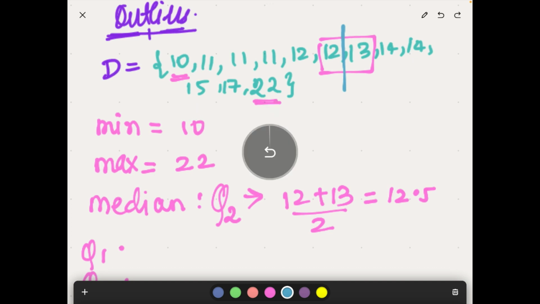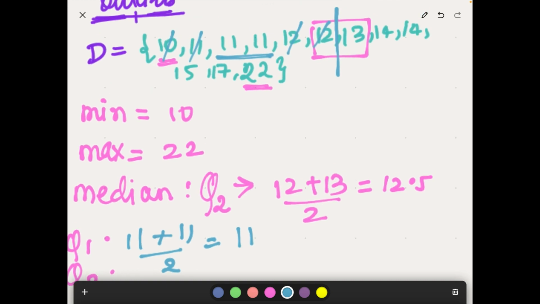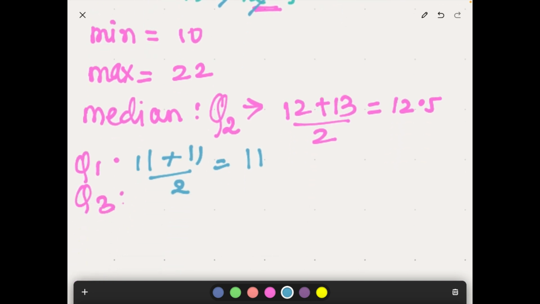If we had to find the median for these, 11 plus 11 divided by 2 gives me 11 itself. And over here, 14 plus 15 divided by 2 is going to give us 14.5.